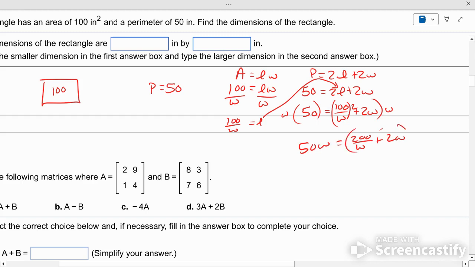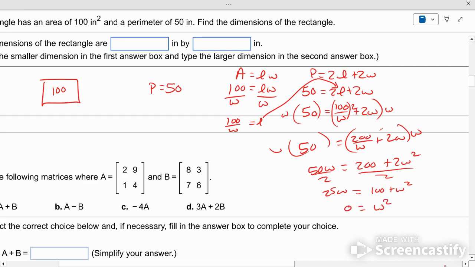Multiply everything by W. So 50W equals 200 plus 2W squared. So if we divide everything by 2, and subtract 25W and move the order, W squared minus 25W plus 100 equals 0.